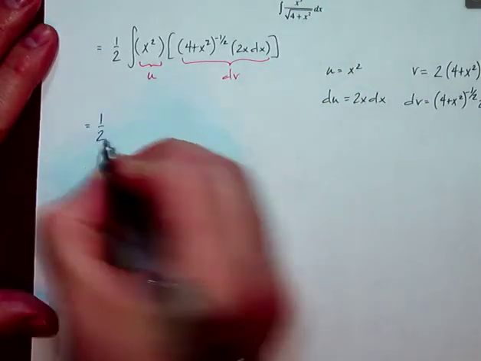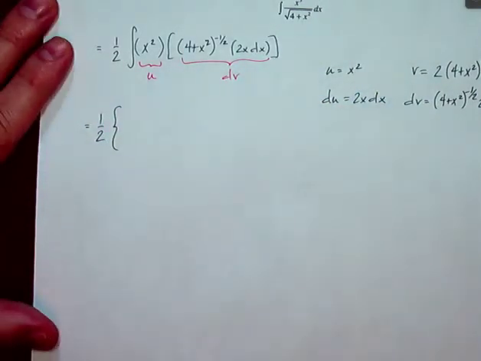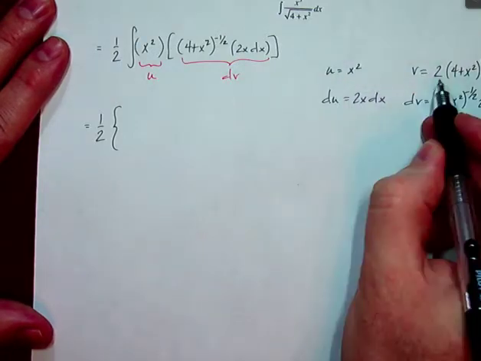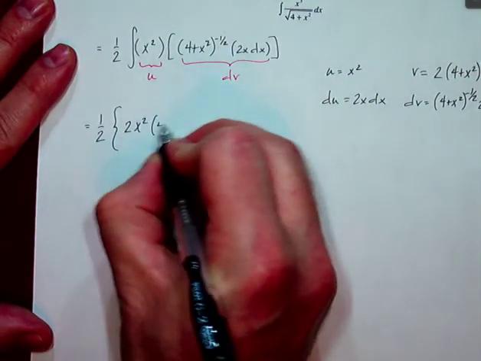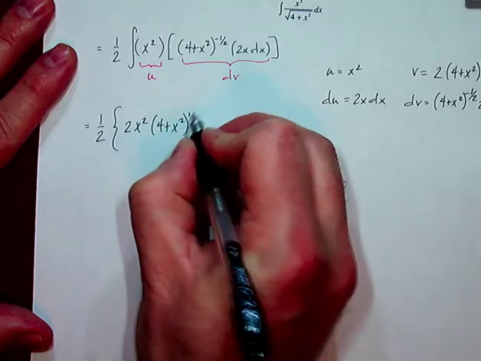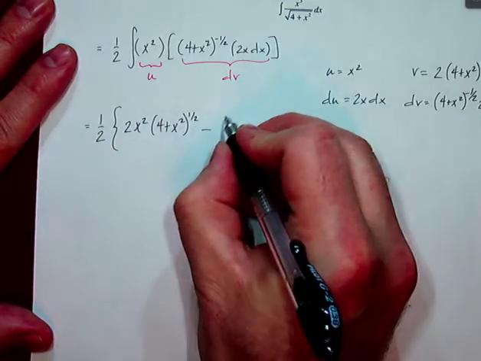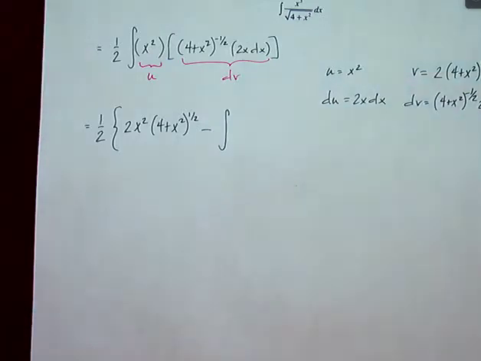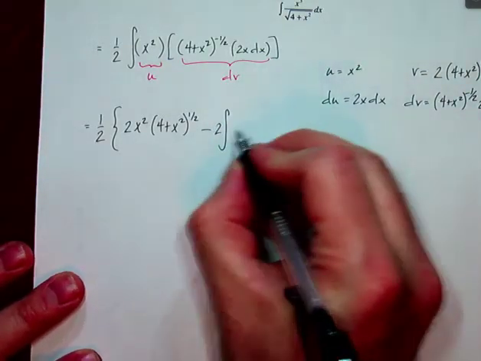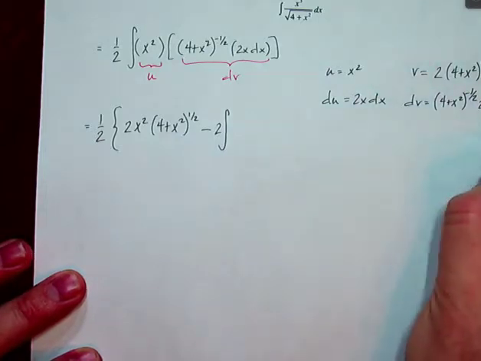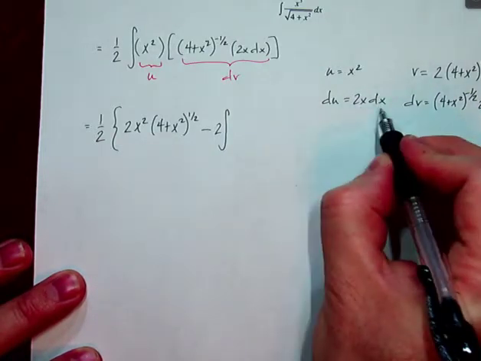Now remember the 1/2 because it sort of comes along for the ride. And now I need uv, so 2x squared, 4 plus x squared to the 1/2, minus the integral. Well, one of these 2's I'm going to pull out in front. The other 2, you see this right here, 2x dx?